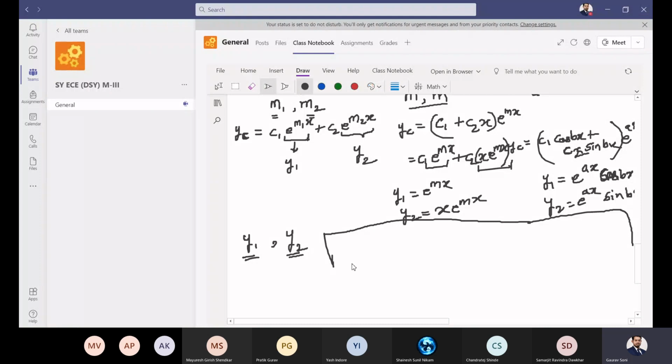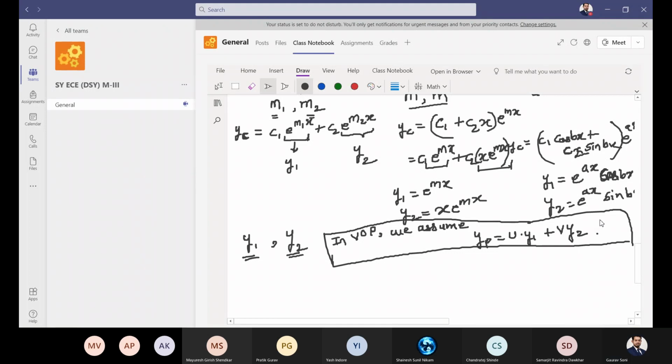In variation of parameters, we assume my yp is a combination of y1 and y2: yp is equal to u into y1 plus v into y2.